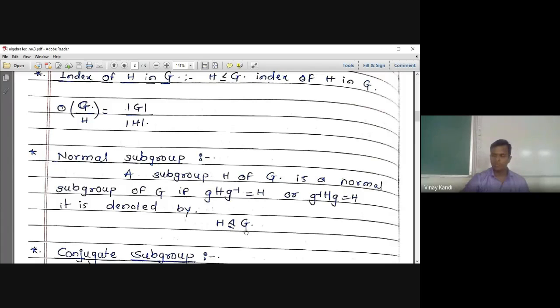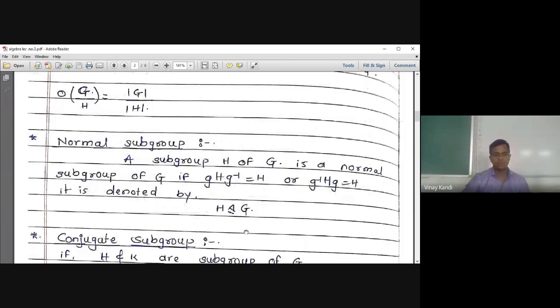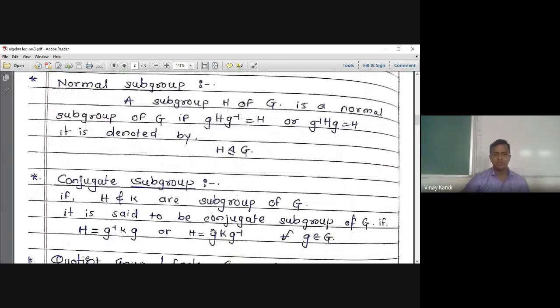Okay. Then the next definition is that of conjugate subgroups. What is a conjugate subgroup? If H and K are two subgroups of G, they are said to be conjugate subgroups of G if H is equal to g inverse K g or H is equal to g K g inverse for all g belongs to capital G. Okay, this is a very important statement. The definition of conjugate class equation will be useful later on, all of this will be useful.